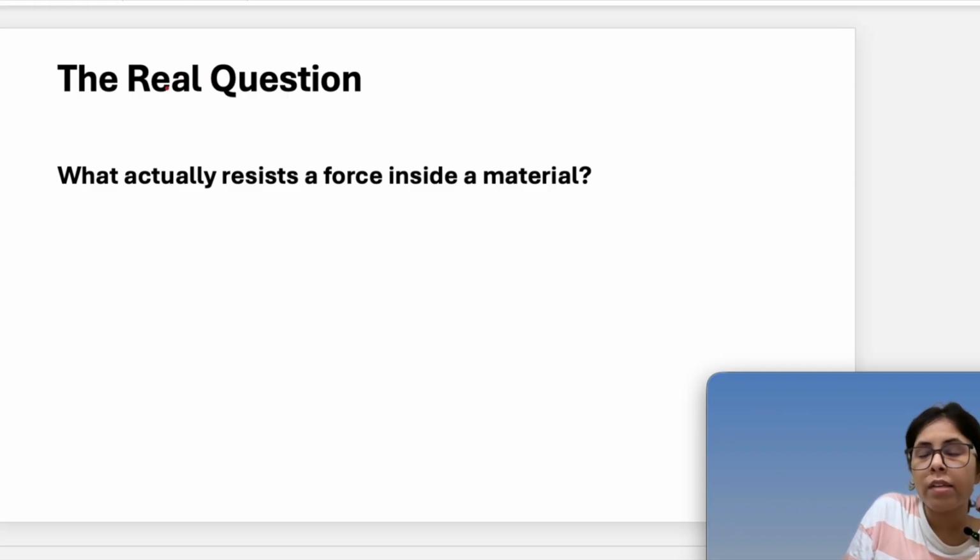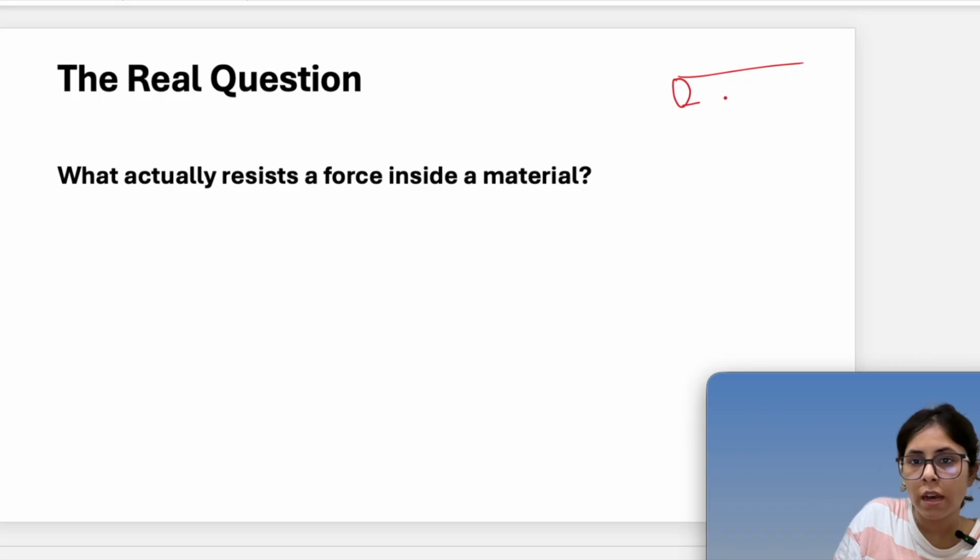So why are we first of all testing a material? Because we need to create certain components, certain structures with the help of those materials. For example, it's a rod. On this material, we will be applying some kind of force.